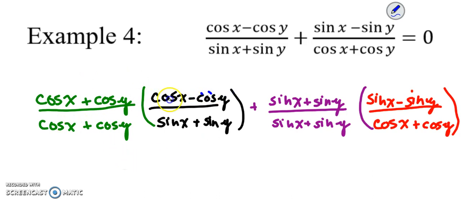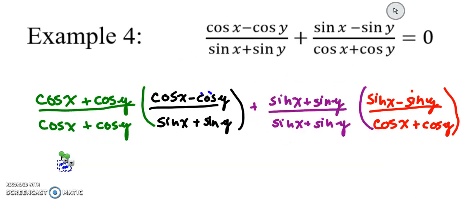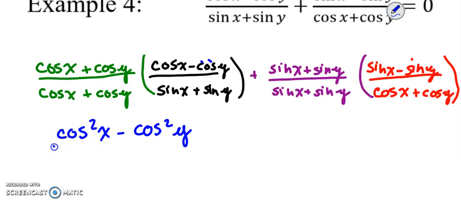So if you multiply the numerators together, we would get cosine squared x minus cosine squared y. And again, if you don't understand what happened with all the rest of the stuff there, stop the video, multiply it, FOIL it out, box it out, and see what happens and see why we got that as an answer. And then start the video back up again.